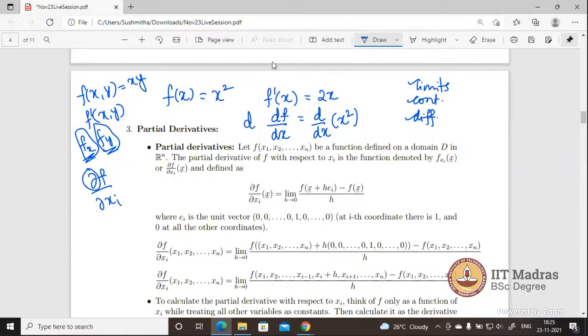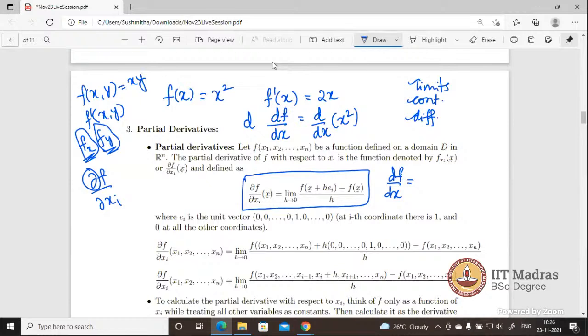D is derivative; this is partial derivative, a weaker case in some sense. So we use this symbol and it is defined as this limit. So what is d by dx of f? What is this limit? When I have f of x, if it's a single variable.